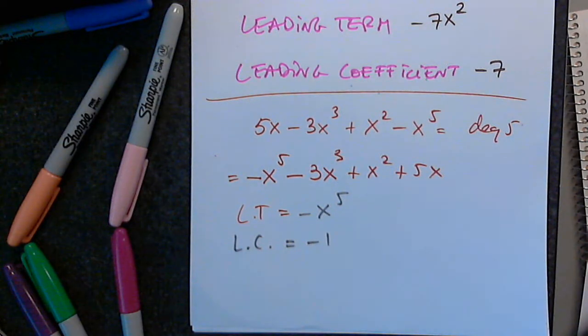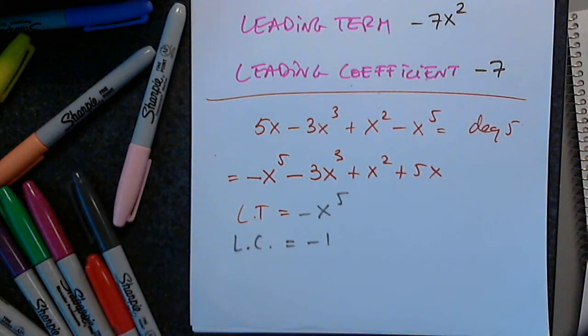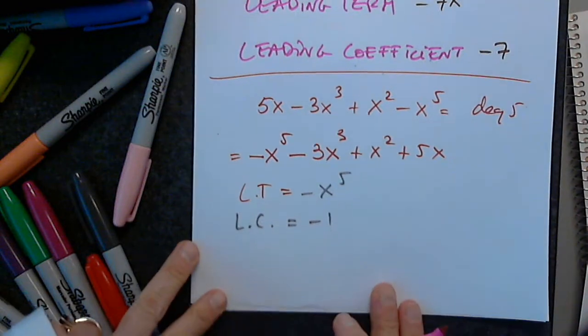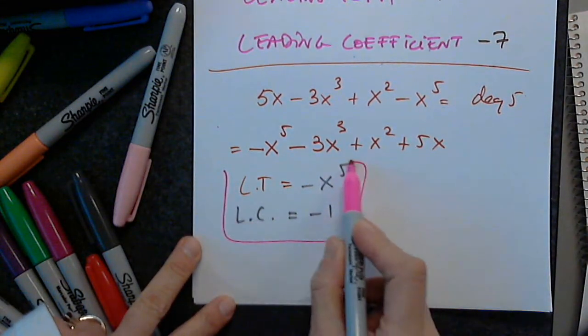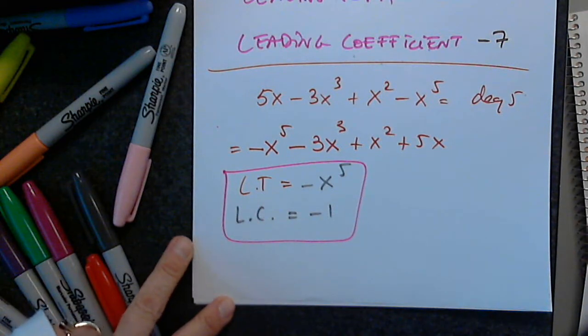It will tell you whether a graph opens up or opens down. That leading coefficient alone will tell you a lot about the polynomial. Any questions? So these are key terms: leading term and leading coefficient.